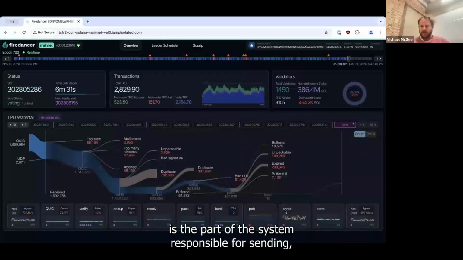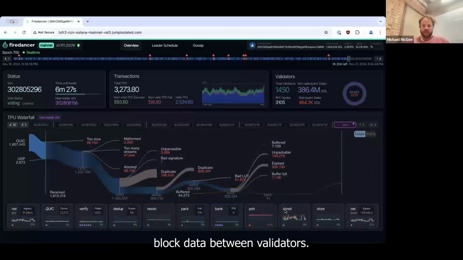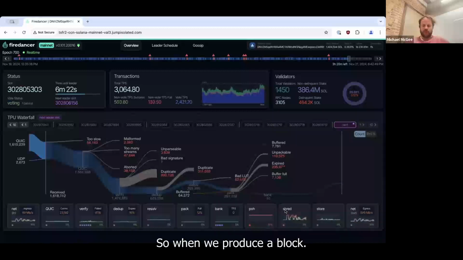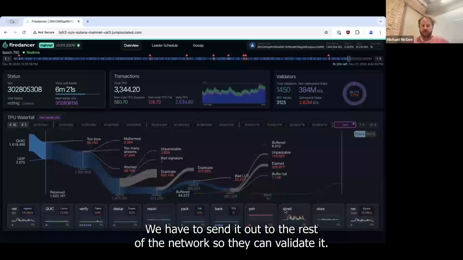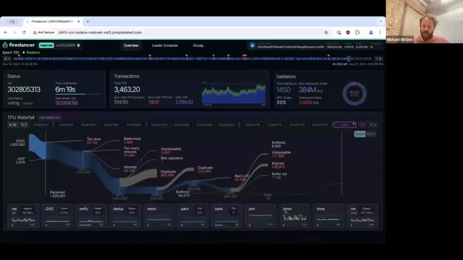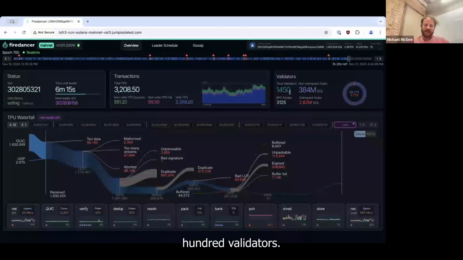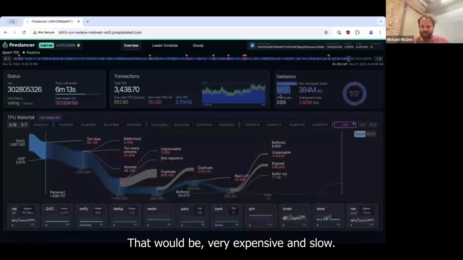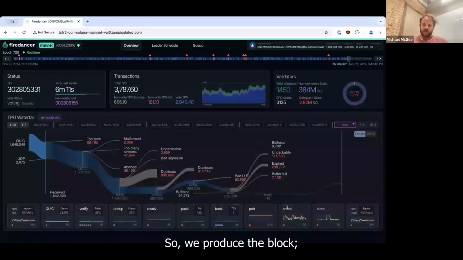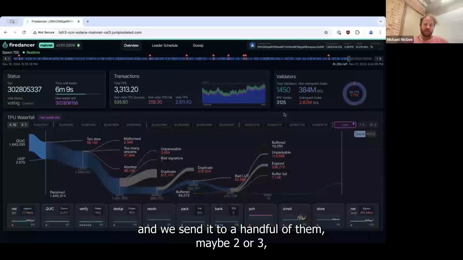Shred is the part of the system responsible for sending block data between validators. When we produce a block, we have to send it out to the rest of the network so they can validate it. The way this happens is we don't send it to all 1,500 validators. That would be very expensive and slow. So we produce the block and send it to a handful of them, maybe 2 or 3.